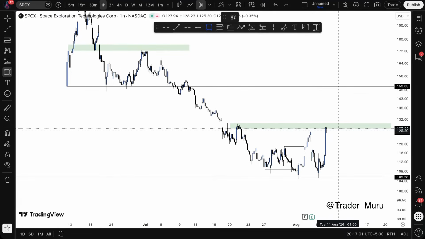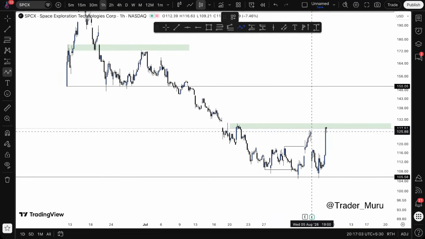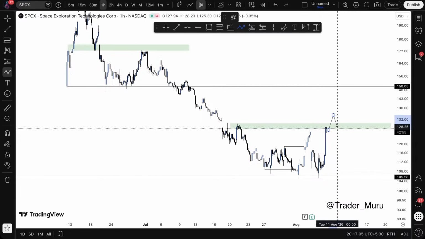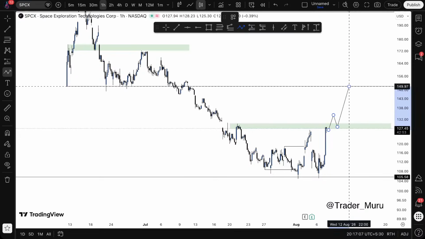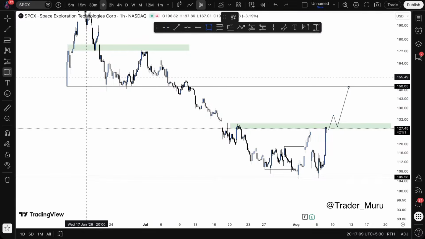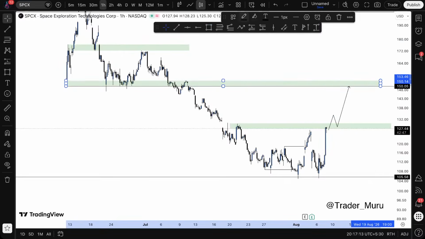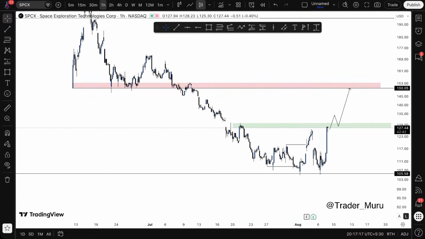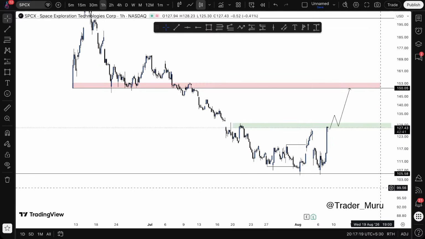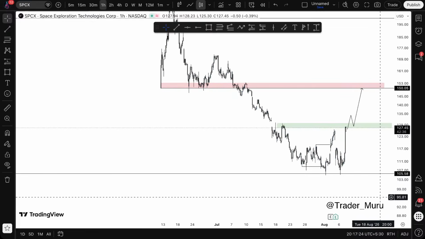Let it break this zone, then you can enter and retest. Target will be 150, this zone, and from here it will be bearish again. This time it can test 95.